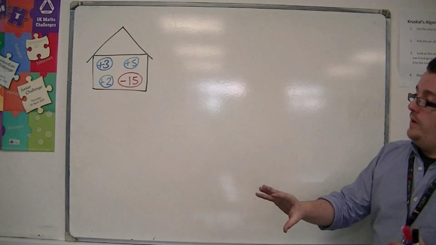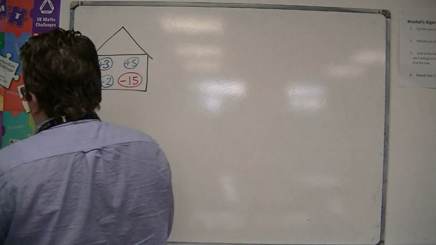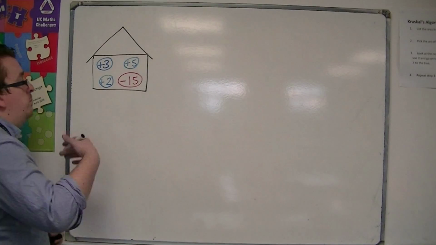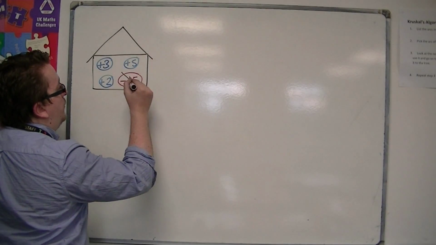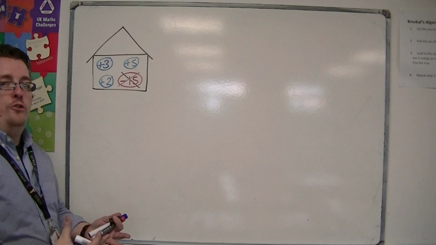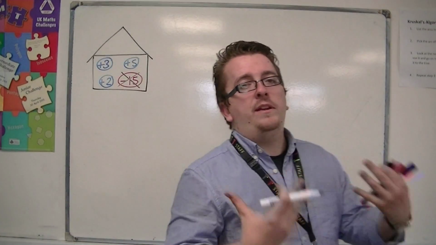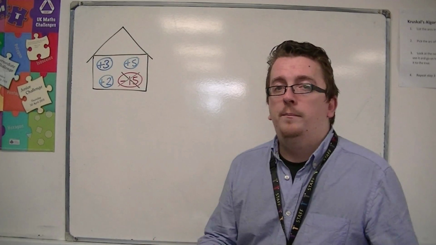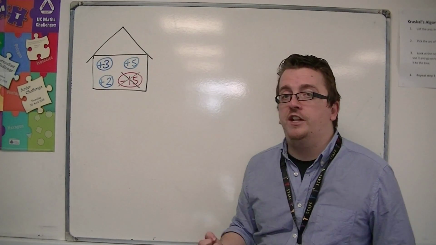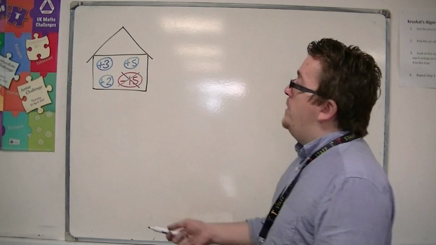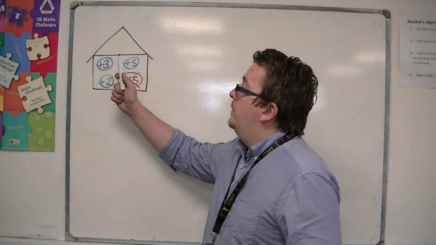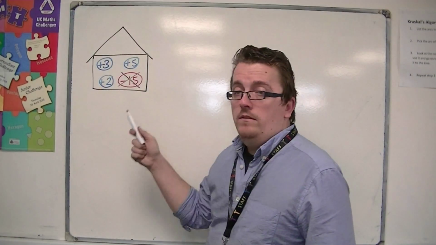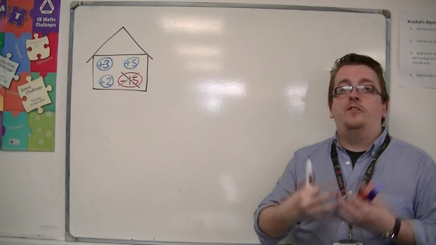And in doing so, if you delete or subtract the -15 away, the overall happiness of the house will increase, will go up, because the nasty influence has been taken away. So originally you could say that we had 3, 8, 10, take away 15 would get us to -5.